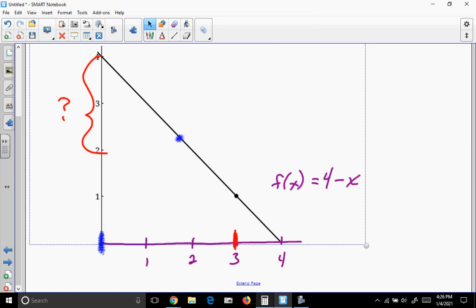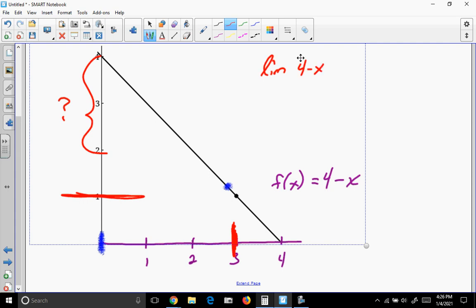So as this slides down closer and closer to this x value, I'm getting closer and closer to that y value, which is 1. So the limit of this function, when x gets close to 3, that y value is getting close to 1. So when x is almost at 3, y is almost at 1.